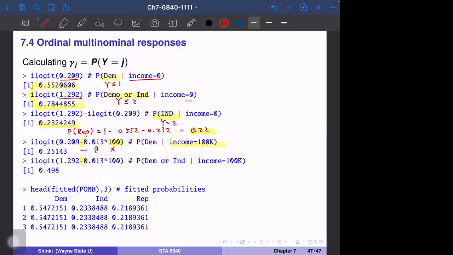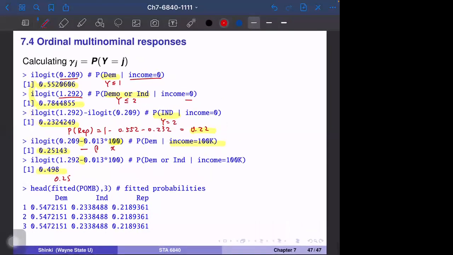So we can get this as 25%. That means if the income is $100,000, then the probability to be Democrat is only 25%, Independent 50%, and Republican 25%, approximately. So that is the way to calculate the fitted probability.